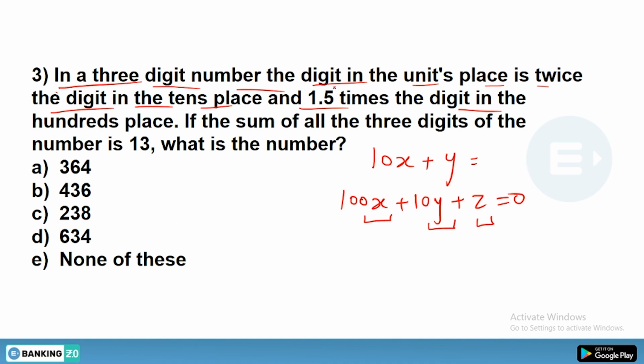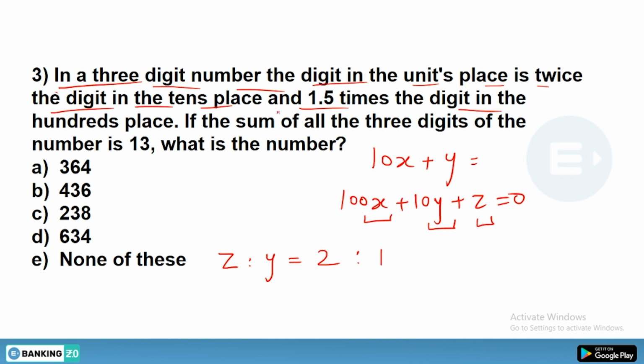The first condition says that the units place is twice the digit in the tens place. What is the units place? It's z, twice the tens place. So basically z to y equals 2:1. Now let's move on to the next condition.